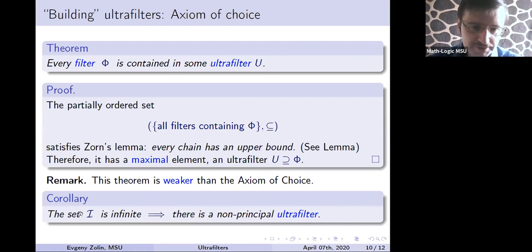As a corollary, if our set is infinite, we already know that there are non-principal filters. But we didn't know that there are non-principal ultrafilters, so maximal filters. Now we know that there are non-principal maximal filters, so non-principal ultrafilters. Because if we have some non-principal filter phi, and you take some ultrafilter U that contains phi, it will again be non-principal.